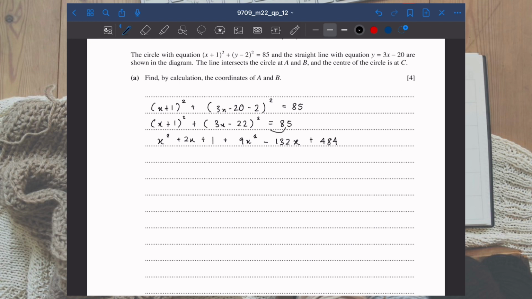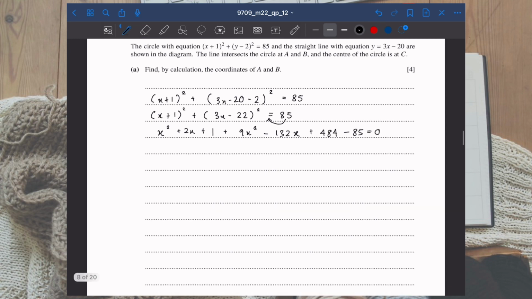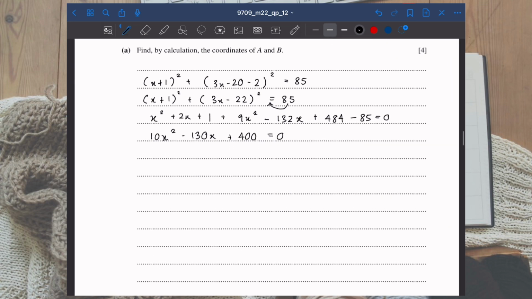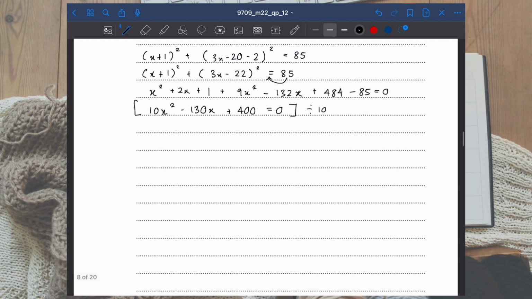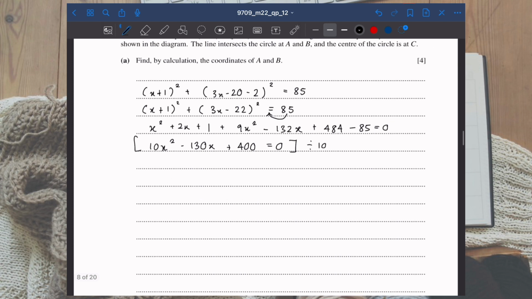And we move 85 to this side of the equation, so minus 85 equals 0. Simplifying, we'll get 10x squared, and negative 130x, and this one will get plus 400 equals 0. So we can simplify further and factor out 10. We get x squared minus 13x plus 40 equals 0.